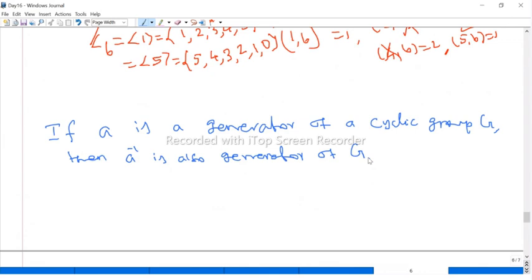Namely, if you know one generator, another generator is its inverse, like minus 1. Now, the result is that any infinite cyclic group has exactly two generators. So result 1 is a very important result.